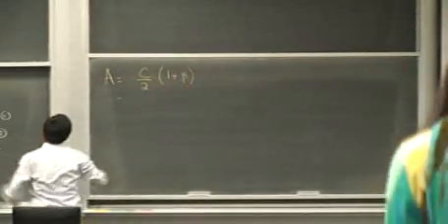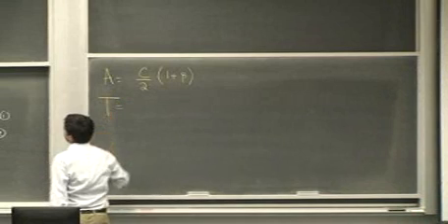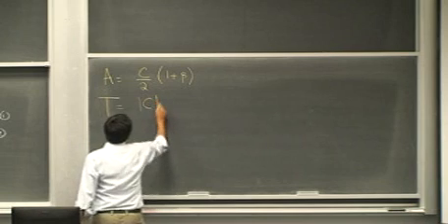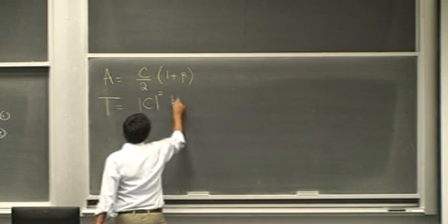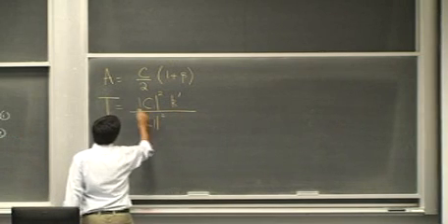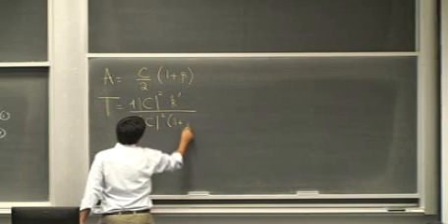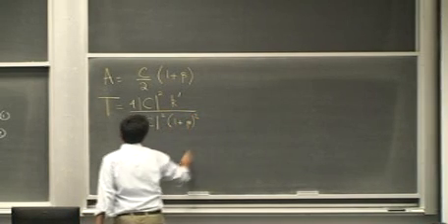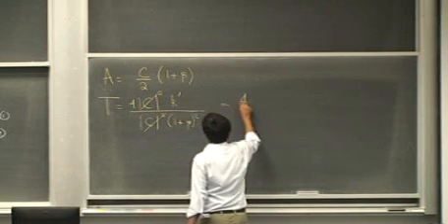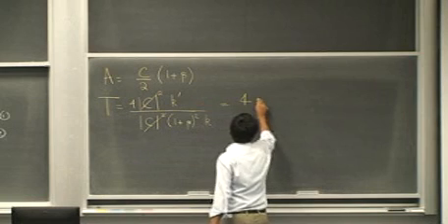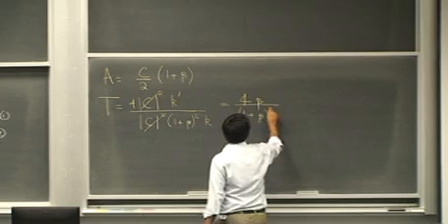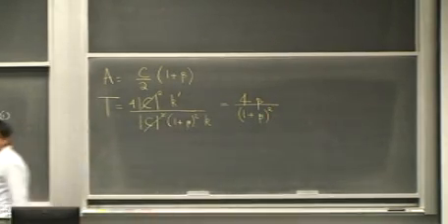This means the transmissivity T is going to be |C|² into k' divided by |A|² k, which is |C|² over |C|²(1 plus beta)² over 4, times k' over k. This is 4 beta over (1 plus beta) squared, since k' over k is beta. So this is my transmissivity.